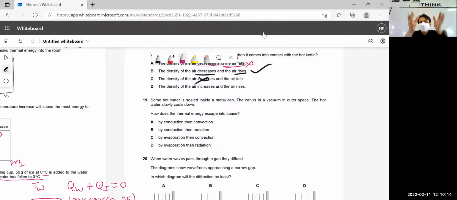Through conduction, some of the heat is conducted by the metal, and then that heat is taken out from the bottle into vacuum also as the temperature is falling. So the radiation process takes place. So what we will say here: first the conduction is there, and then radiation.